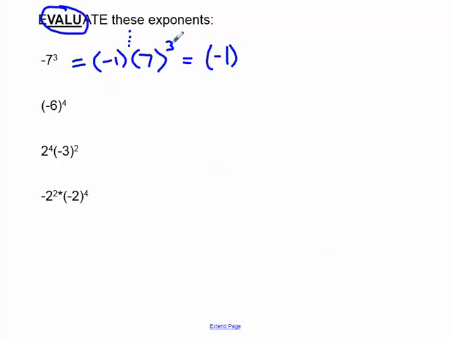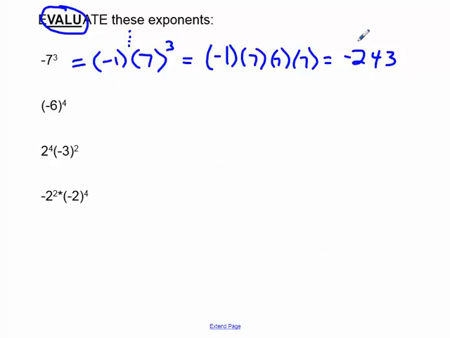The cubed works on just the positive 7. So here's our base, 7 times 7 times 7 because it's cubed. 49 times 7 is 243, and that's a negative sign in front. I hope I did that right.